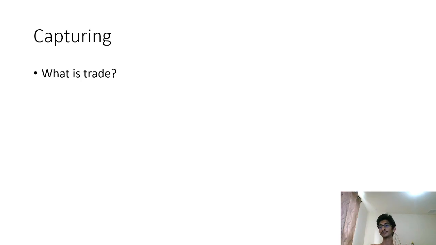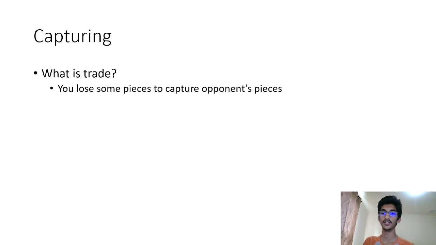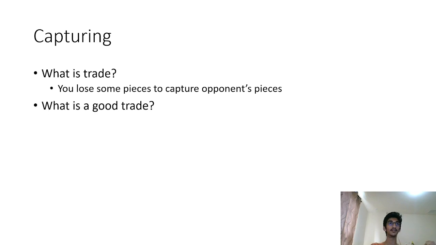So trading is you get some pieces, but you also lose some pieces. And it's important to figure out what is a good trade, because sometimes if you're losing a queen and you're only getting a pawn, and the pawn's worth 1 point and the queen's worth 9 points, then maybe it's not a good trade.